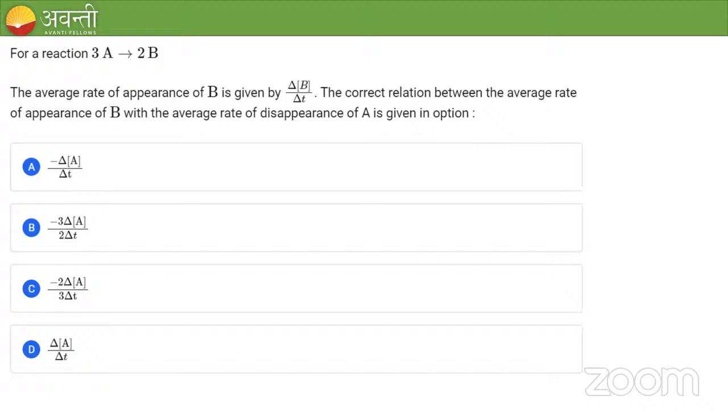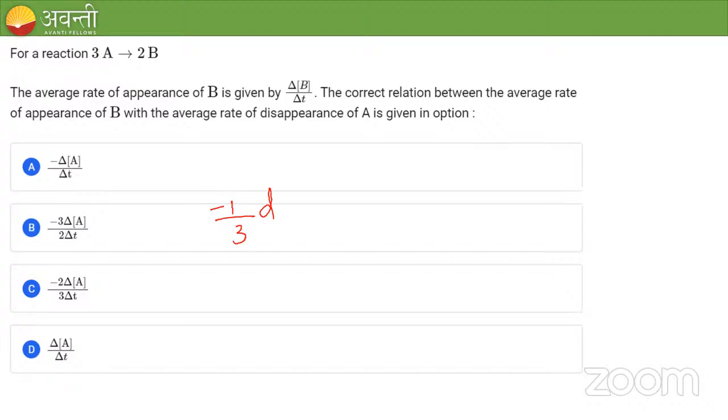Okay, we will solve this question now. All of you listen. The rate equation for this given reaction is, with respect to the reactant, minus 1 by 3 dA by dt.